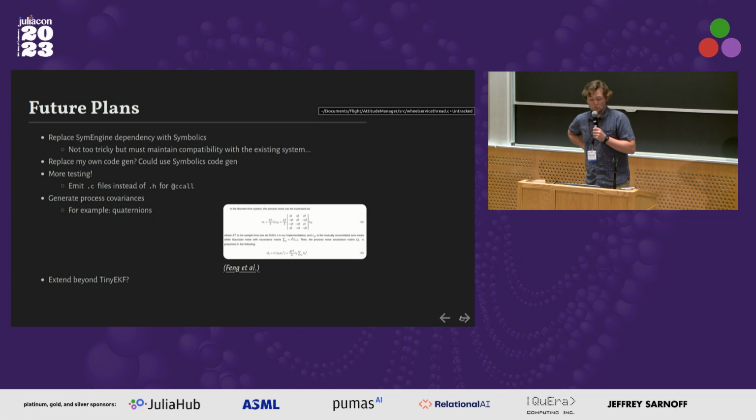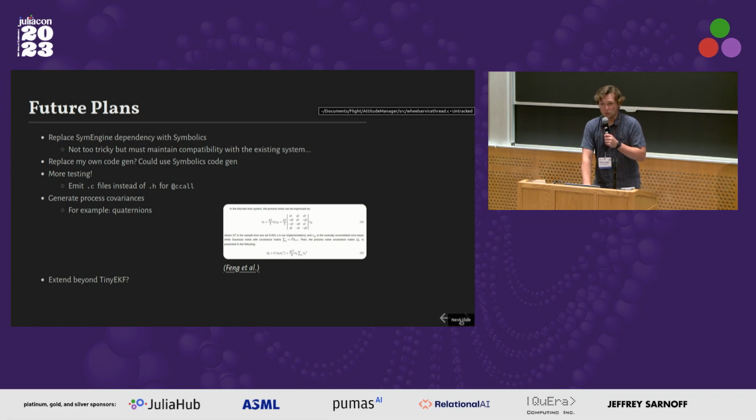I'd also like to replace the SimEngine dependency with Symbolics. I don't remember why SimEngine was the way I went in the first place, but Symbolics seems really fun these days. The trick is maintaining backward compatibility. Since we do use this on a kind of critical system, we need to keep it that way.